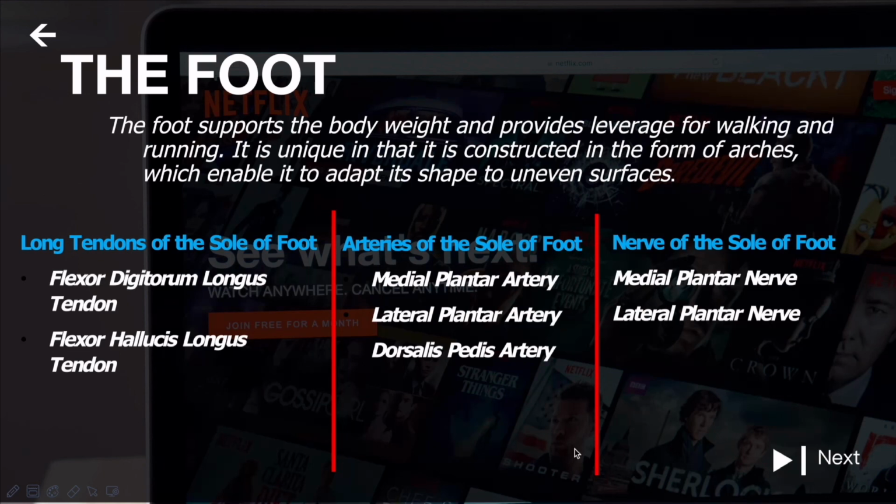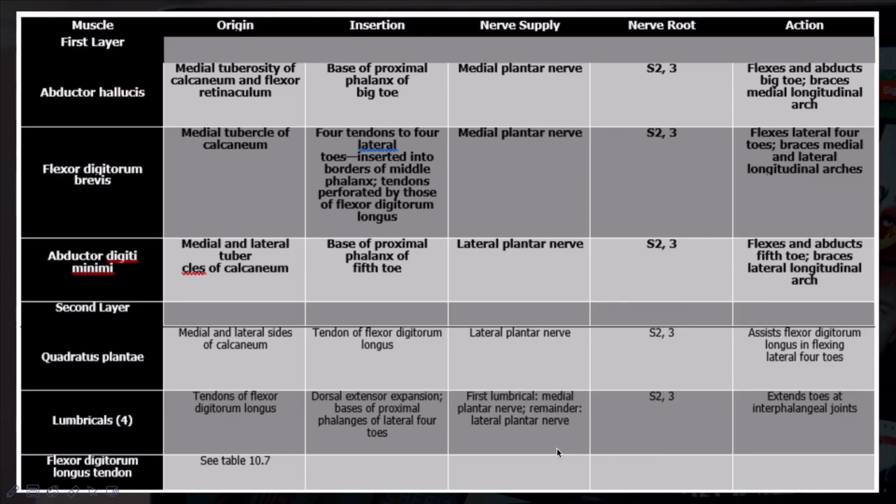Arteries of the sole of foot: medial plantar artery, lateral plantar artery, and dorsalis pedis artery. Nerve of the sole of foot: medial plantar nerve and lateral plantar nerve. The table shown is about the muscles of the sole of foot. The first layer contains abductor hallucis, flexor digitorum brevis, and abductor digiti minimi.